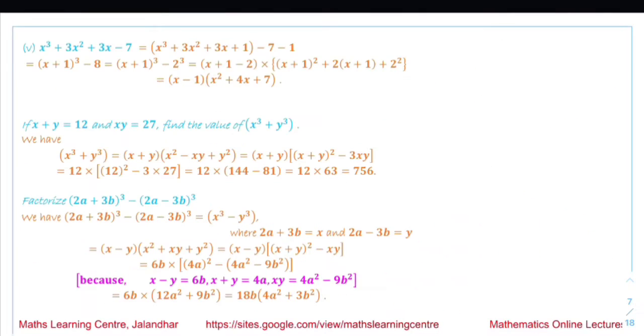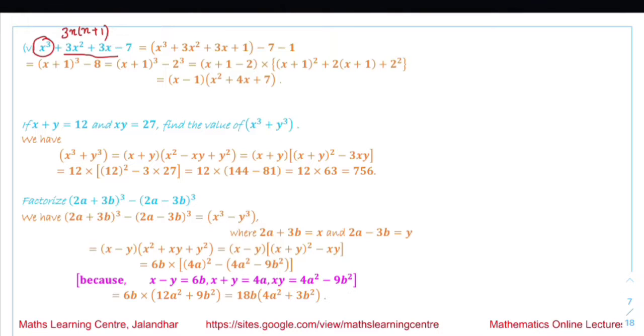Now in the next question we have x cube plus 3x square plus 3x minus 7. So no direct formula is applicable over here, but if we look at the first term, it is x cube over here. Then if we look at the next two terms and we take 3x common, so it is x plus 1.